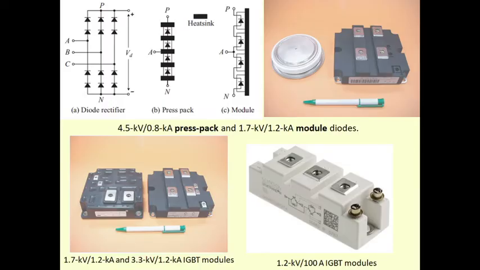Now coming to device structure. Here we can see a diode based 3-phase rectifier. Here we are using 2 diodes instead of 1. So what we can do, we can have 2 structures. One is known as the press pack, another one is known as the module. In module, the structure of the diodes, what we do is we use this as a single leg.